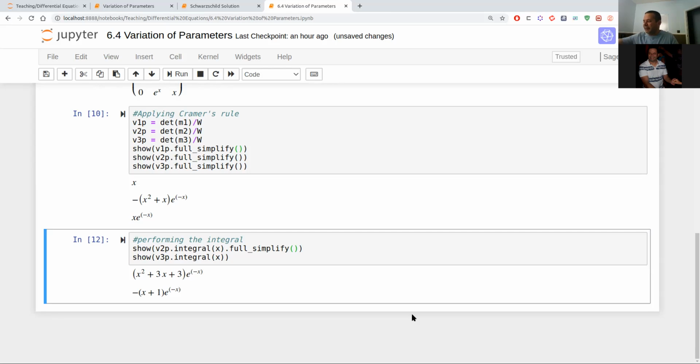Let me write them down myself. So V1 is x squared over 2. V2 is x squared plus 3x plus 3 times e to the negative x. And V3 is negative x plus 1 times e to the negative x. Okay, so I'm going to go back now to the notes.